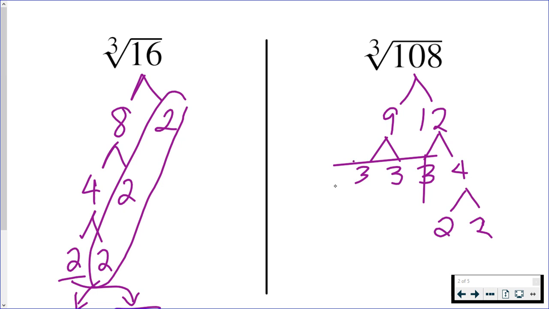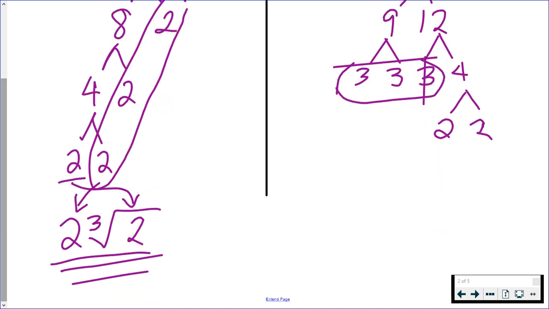Okay. So I've got 3 3's, that's my only 3 of a kind. If you had multiple 3 of a kinds, they would all come out and you'd multiply them together. But I've just got the 3 of a kind coming out, which was 3 3's.